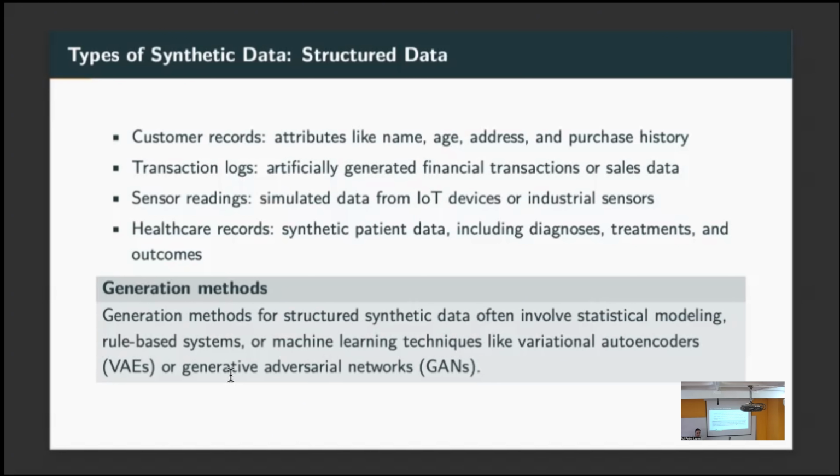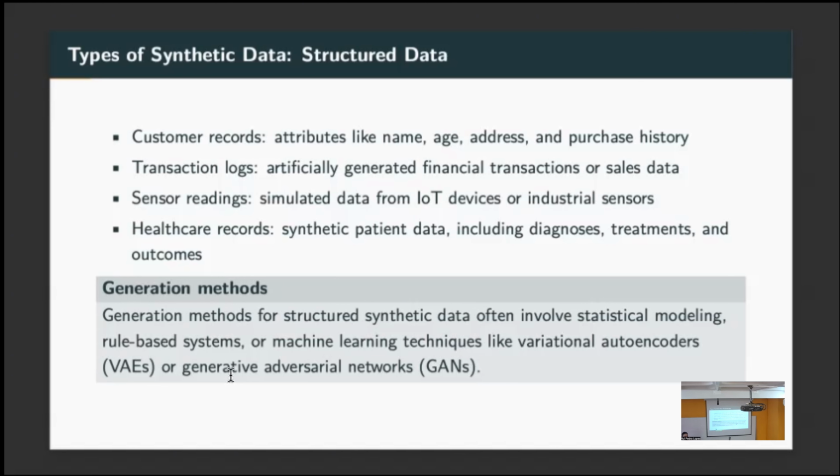In addition to this one, or in alternative to this one, we might also use rule-based generation. The rule-based generation allows us to put some conditions on how this data is generated. We'll see it better later.